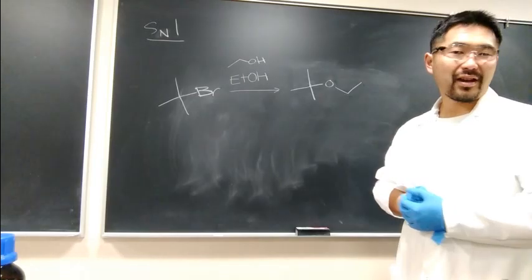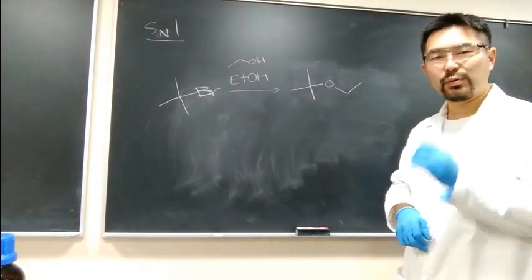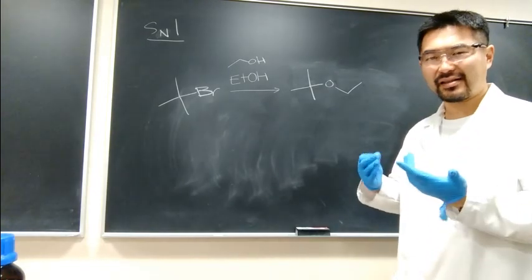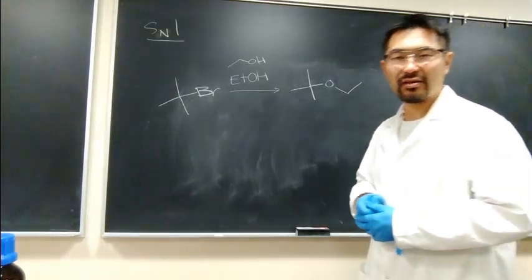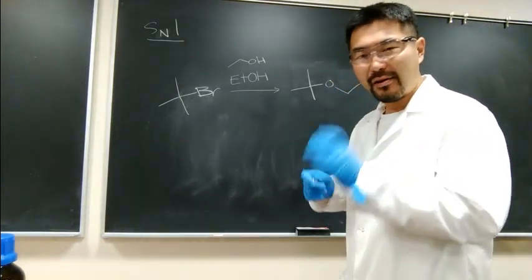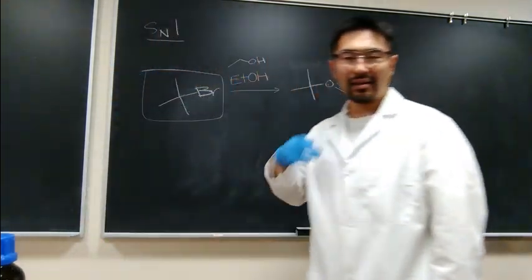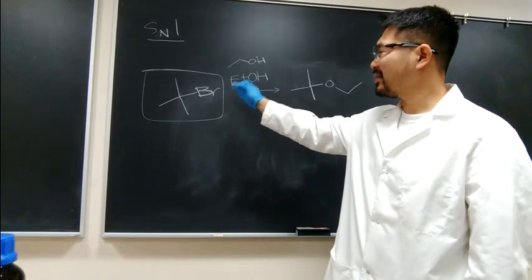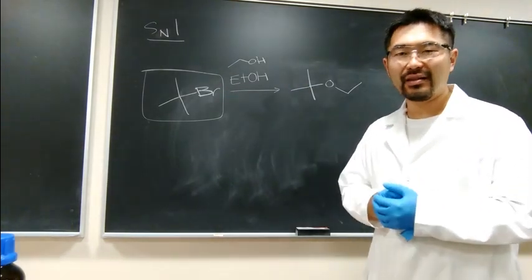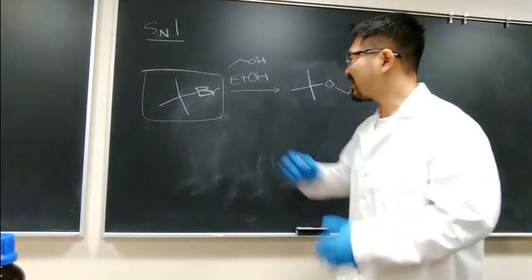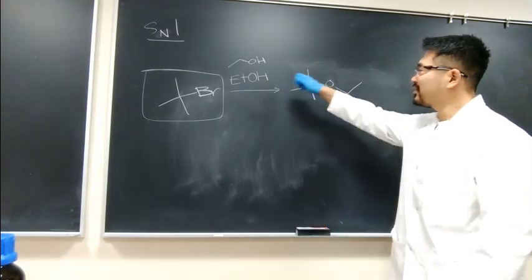Now, let's think about the mechanism for this. Just like the name suggests, this reaction's rate determining step, or the hardest step, only involves one molecule, because it's a unimolecular reaction, and that's going to be the substrate. At the rate determining step, there's only this one molecule involved, and the leaving group has to eventually be substituted by the solvent.